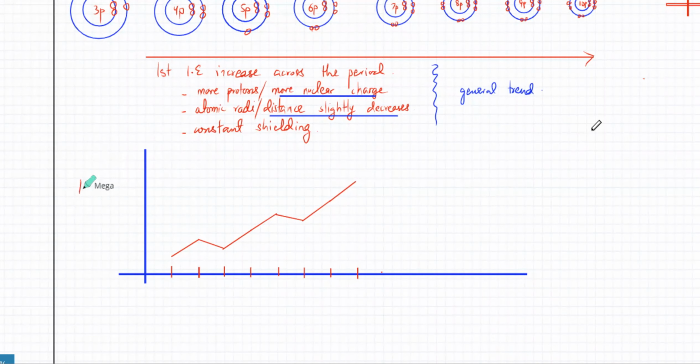So it's not going to be a constant increase, although the general trend is the same, there are going to be dips at group 13 and group 16.